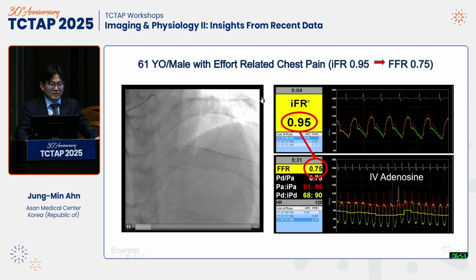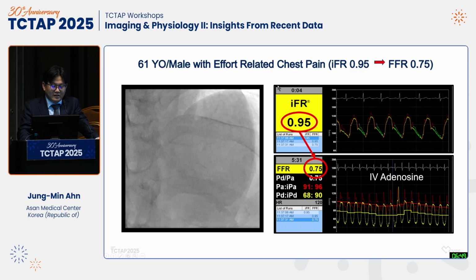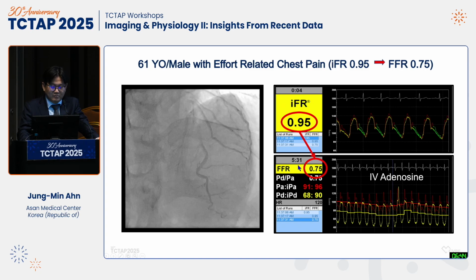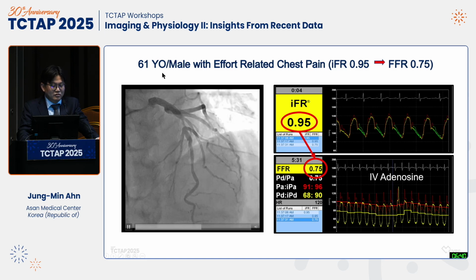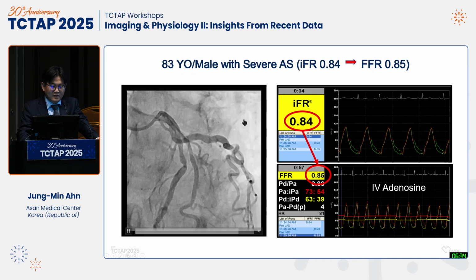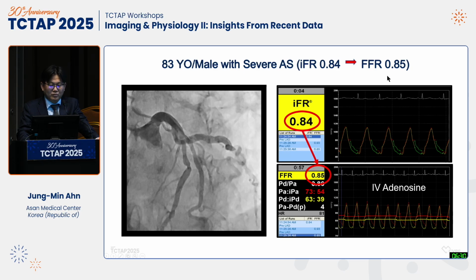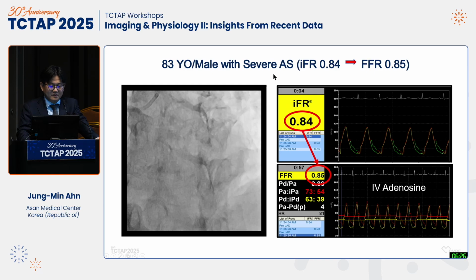This is discordant. This is a 61-year-old male with effort-related chest pain, resting FFR is 0.95, but final FFR is 0.75, a huge pressure drop. Another case, an 83-year-old male with severe AS, iFR was 0.84 positive, but FFR was 0.85. So this is an opposite case.